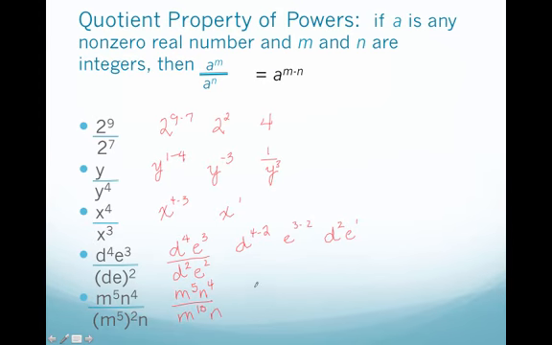So this is going to be m to the 5 minus 10, or negative 5, and n to the 4 minus 1, or 3. I cannot leave my negative exponent, so the n still stays up on top, so I've got n cubed over m to the 5th. Remember, this just drops down below. Okay, so this seems pretty easy, hopefully.